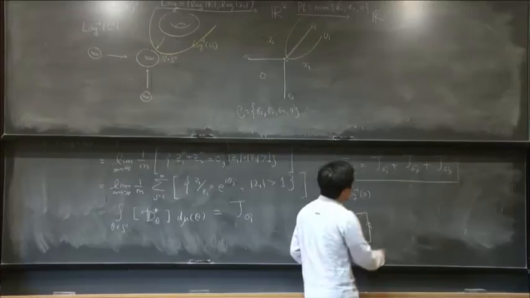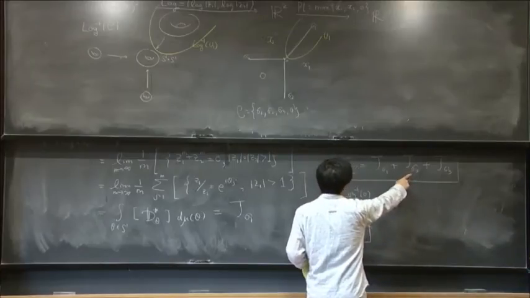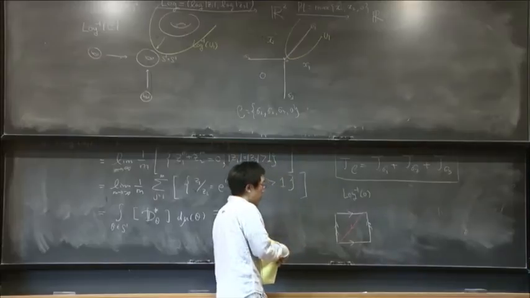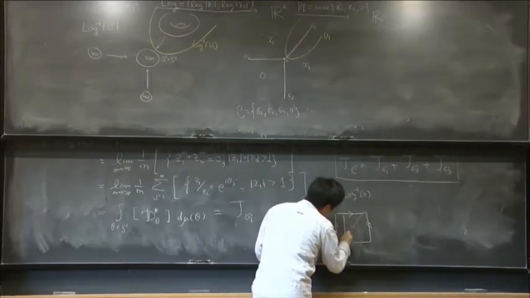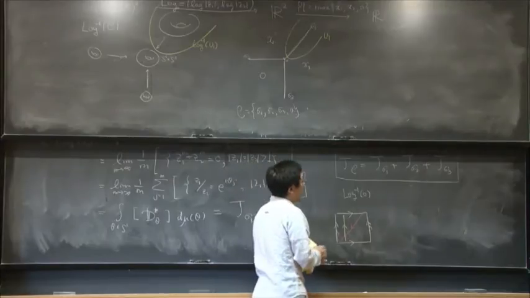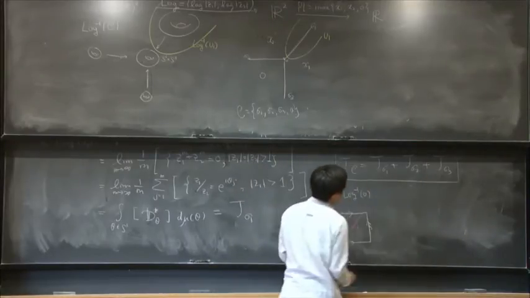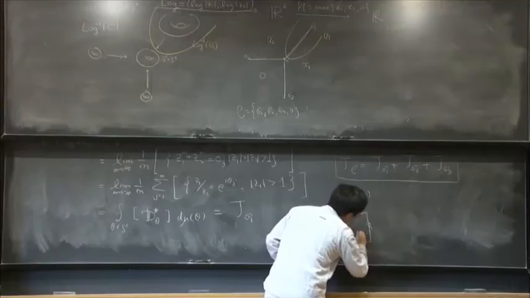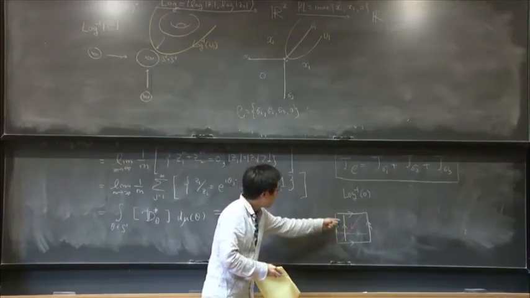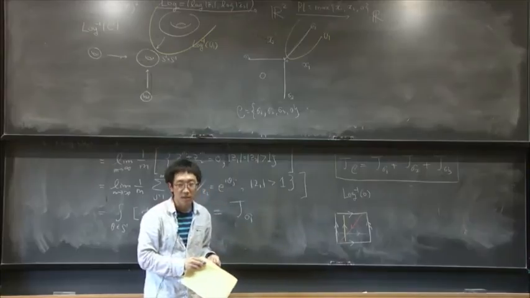And if you also pick one punctured unit disk which belongs to T sigma 2, then the boundary of that would look like this. And if you pick one member of the punctured disks from sigma 3, the boundary would look like that. And certainly, these three do not cancel each other.